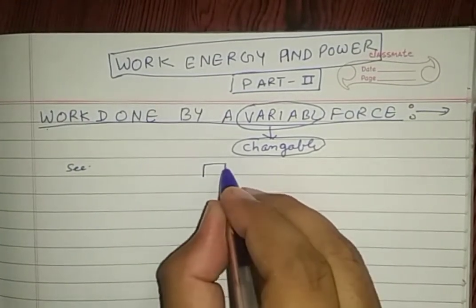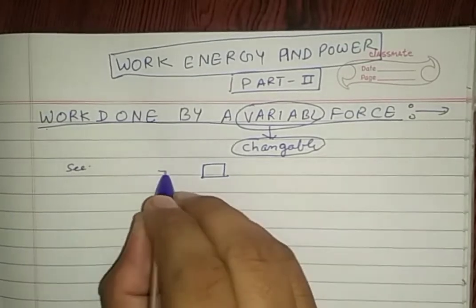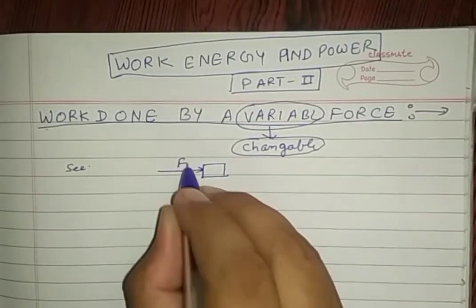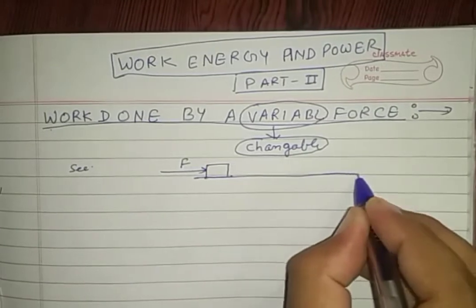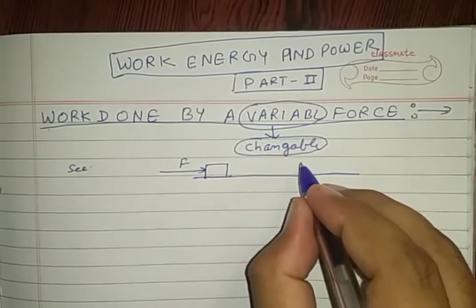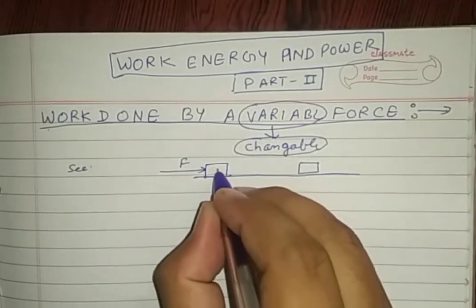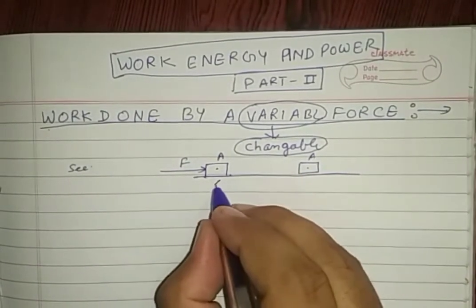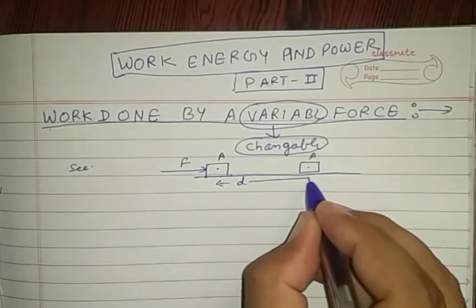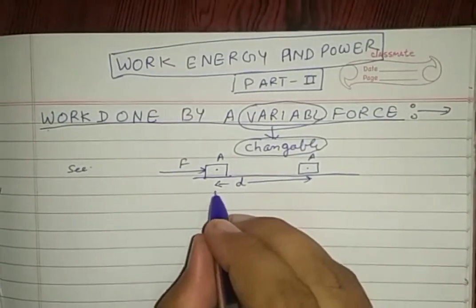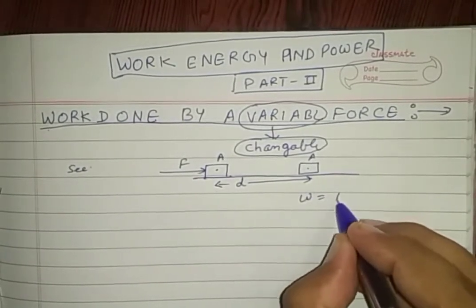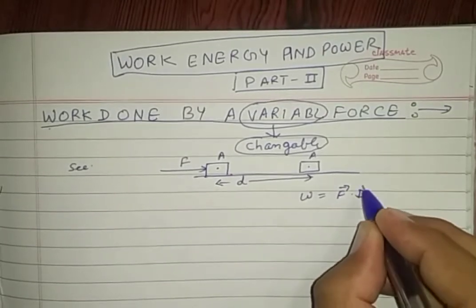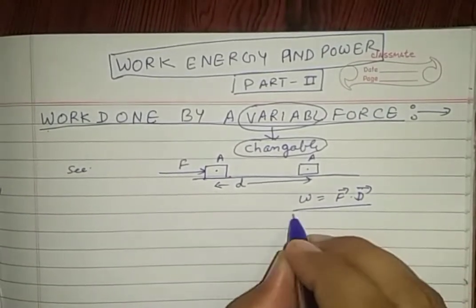Let a body be here. When we apply a force on a body and it moves from A to B, traveling a distance D, then the work done is the dot product of force and displacement.